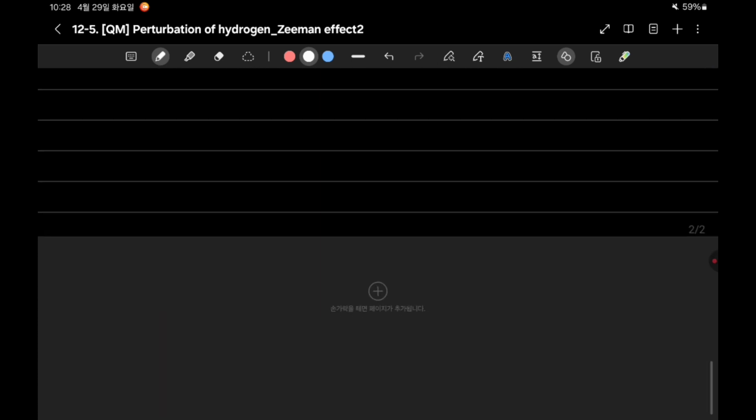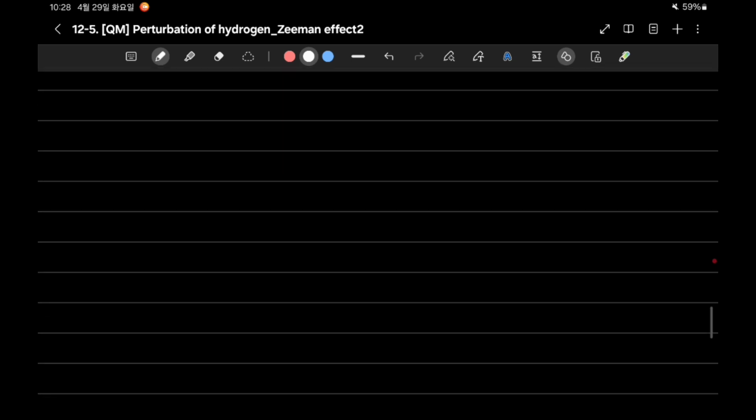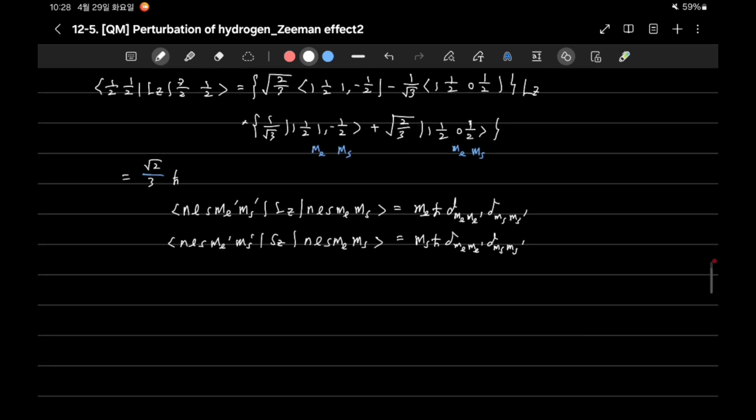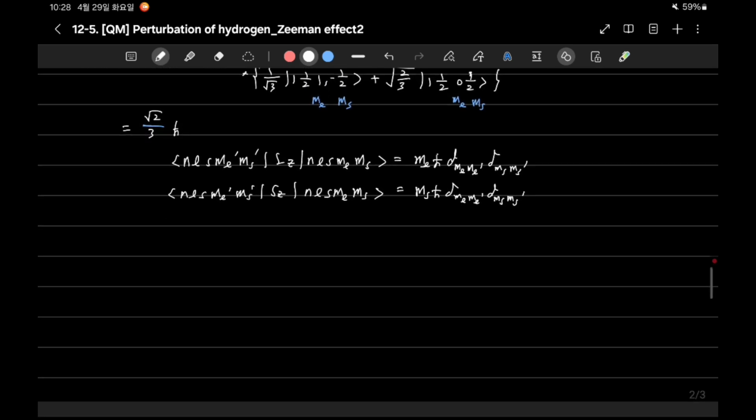We should make a table, with h bar as the unit, so L_z over h bar has a matrix, and we can write the matrix elements related to the Clebsch-Gordan coefficients, like this kind of calculation.